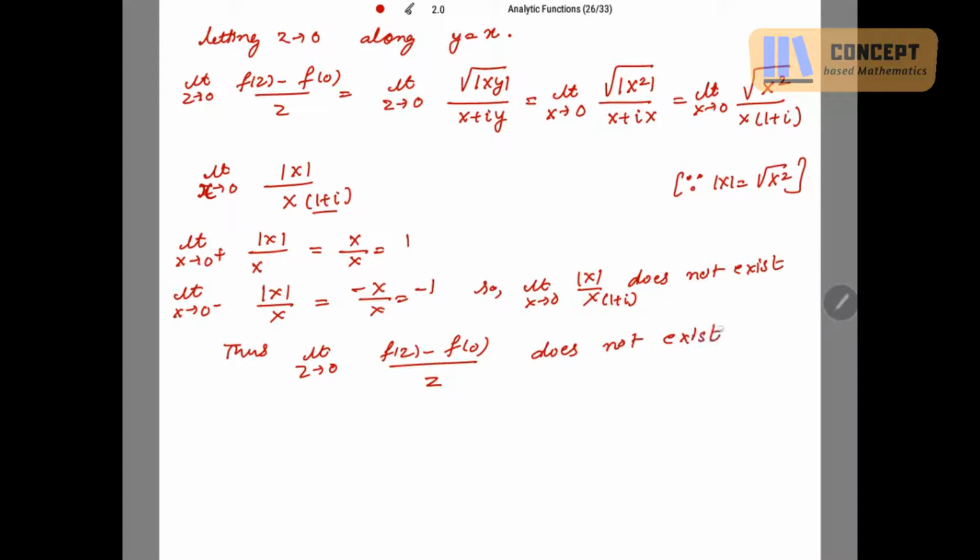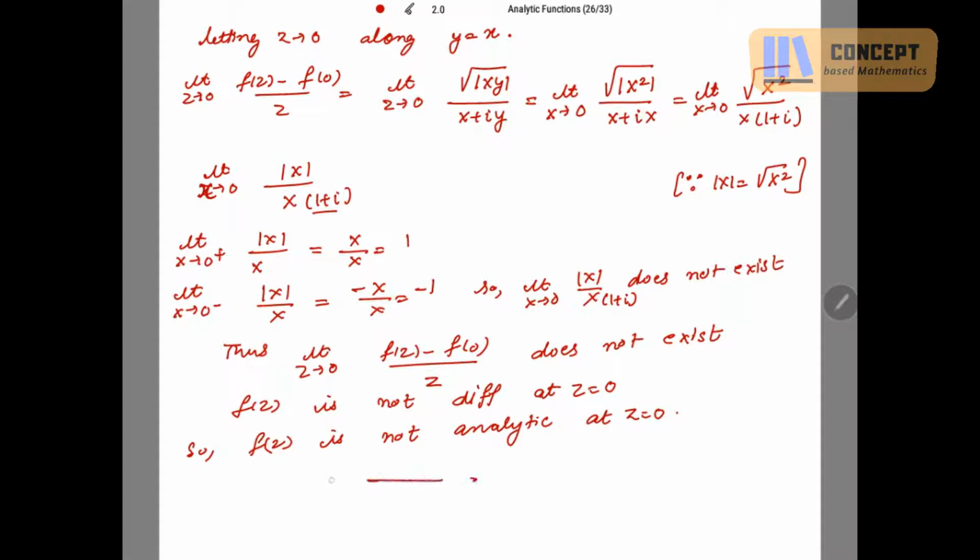If the limit does not exist, the function is not differentiable. f(z) is not differentiable at z equal to 0, so the function is not analytic at z equal to 0. Hence the result.